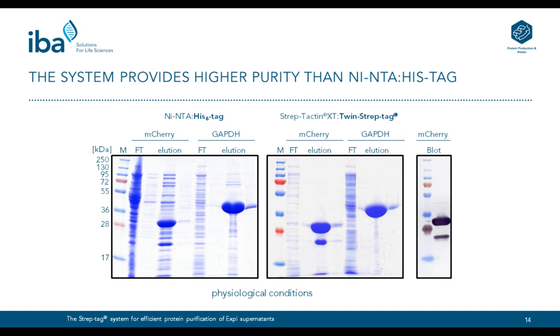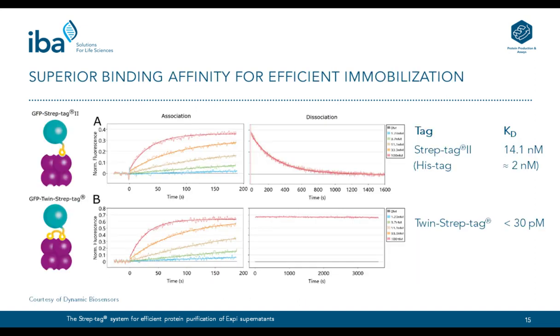And even if you look to the GAPDH, which was not so bad in the His-tag purification, you can see that the purity is much higher in the Strep-Tactin XT system compared to the His-tag system. And all these experiments here were done under physiological conditions.